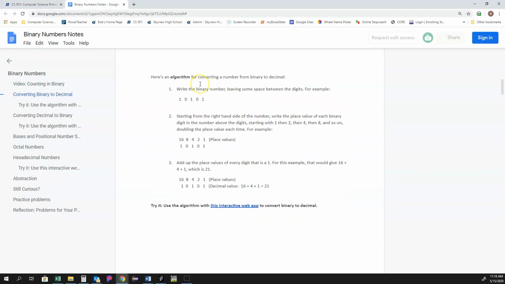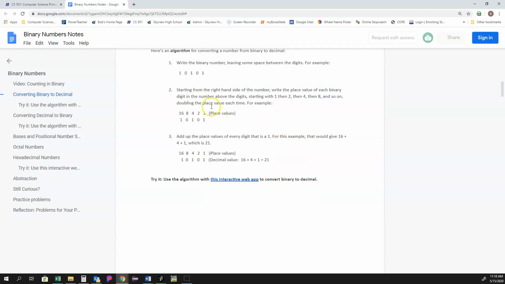So here's an algorithm that will help us convert a number from binary to decimal. Let's say the binary number is 10101. What we'd want to do is get our place values for our base 2 system.